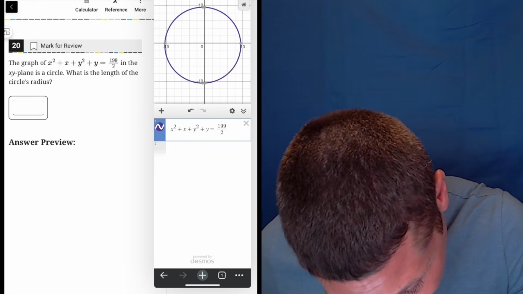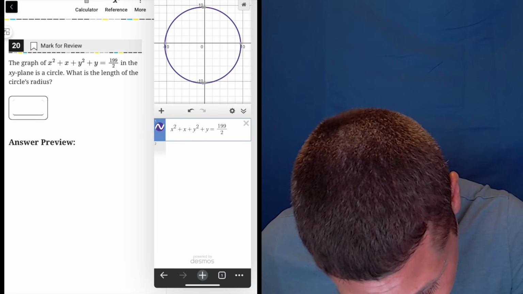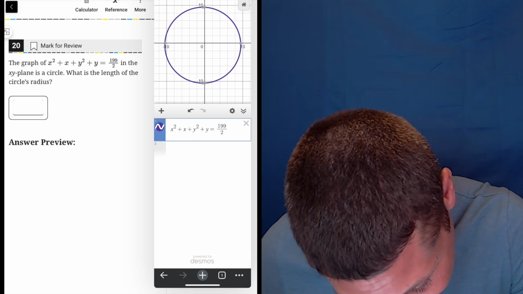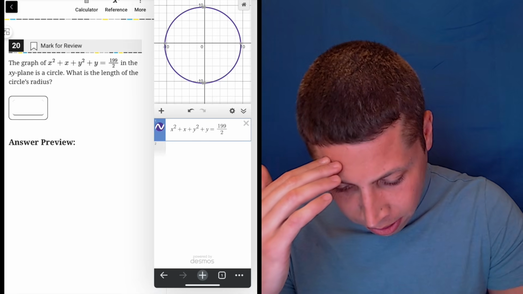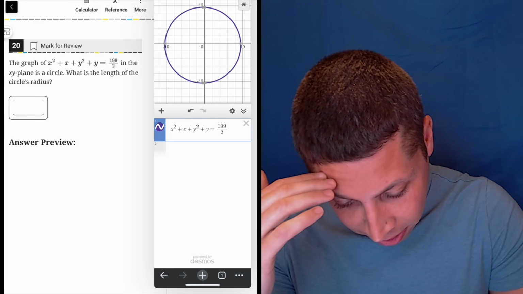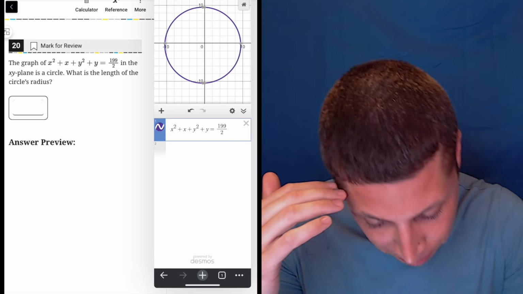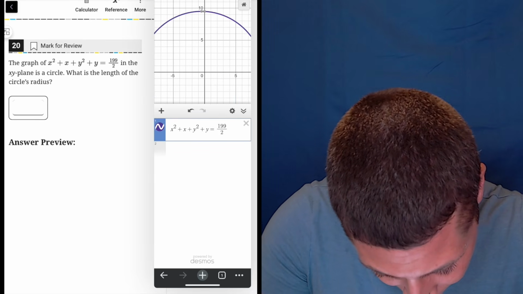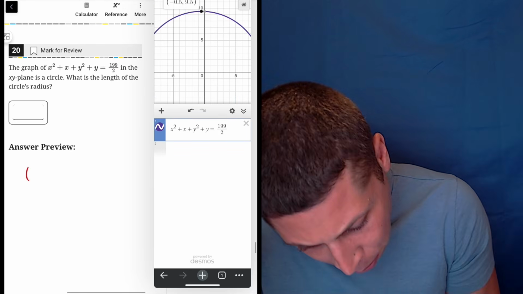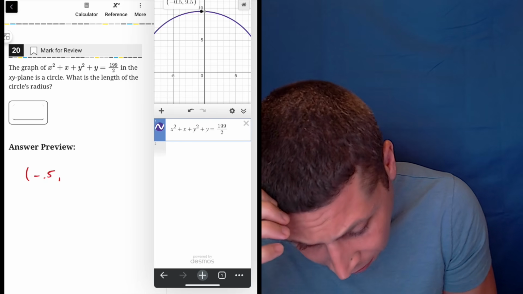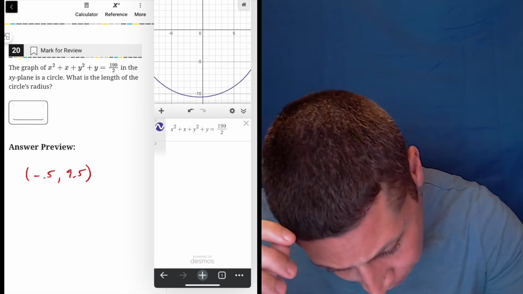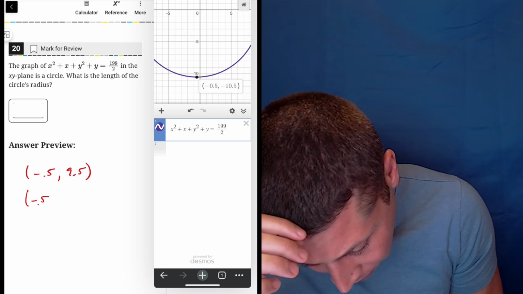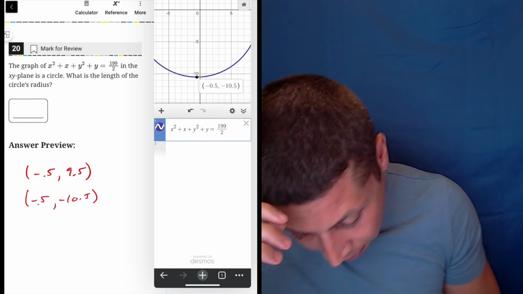Okay, I can get these points, it looks like. Is that the center though? It's shifted slightly. Okay, how can I do this? I can do distance between them, right? It's giving me the top. So that point is negative 0.5, 9.5, and this is negative 0.5, negative 10.5.